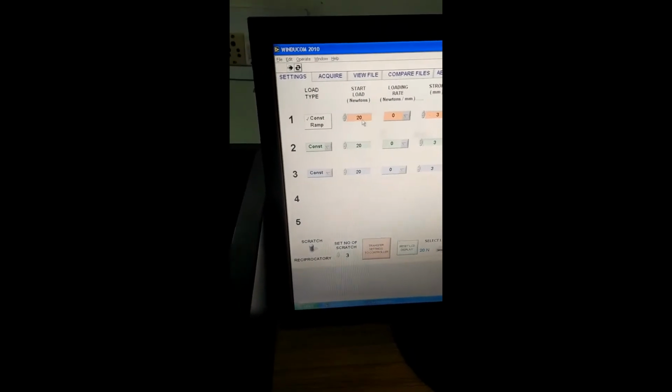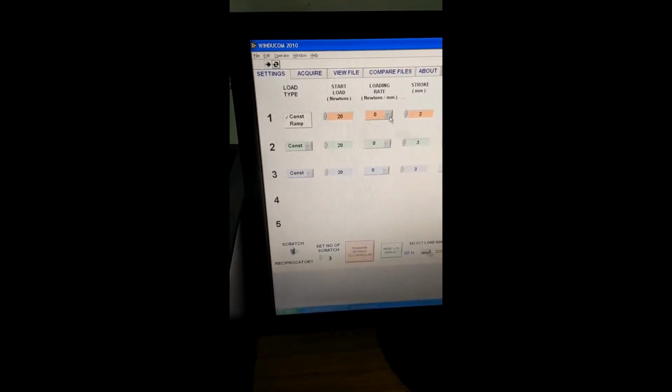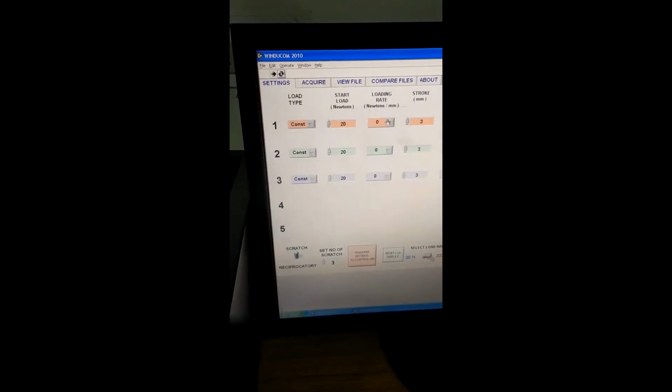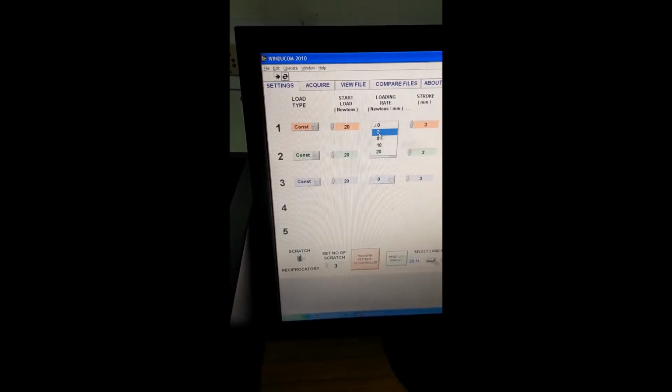The loading rate we have set at, suppose, 2 newtons per mm. And this stroke implies the length of the scratch. It is in mm. We have set it at 3, that means 3 mm scratch length.